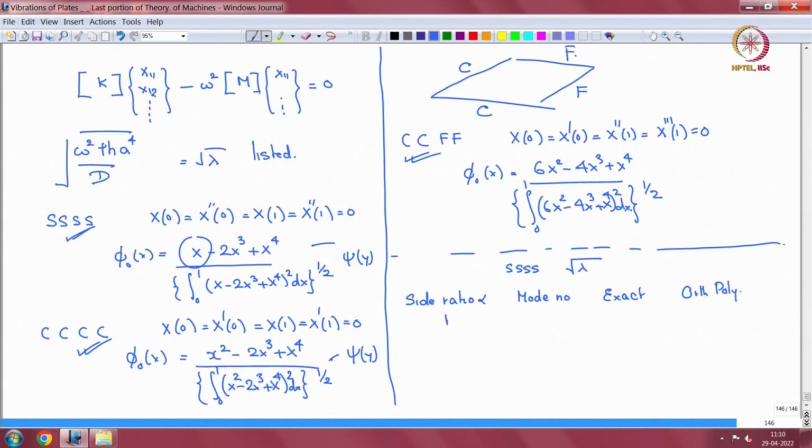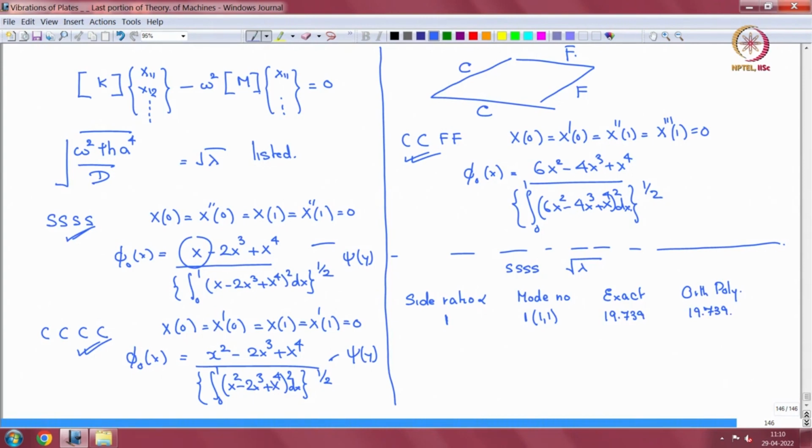So the side ratio is 1, let us say, then the first mode, the 1,1 mode, the exact value is 19.739. Then what you compute, you can obtain this value. He does not list the number of polynomials, or maybe he does.